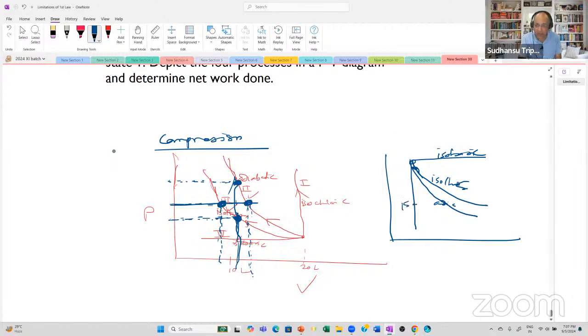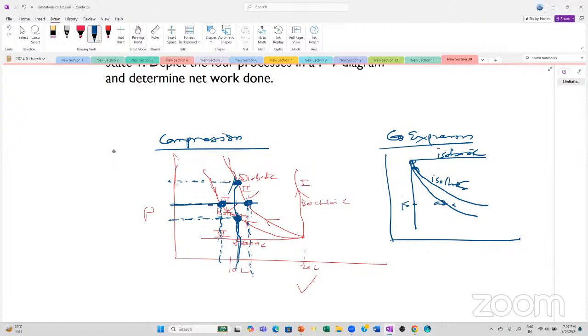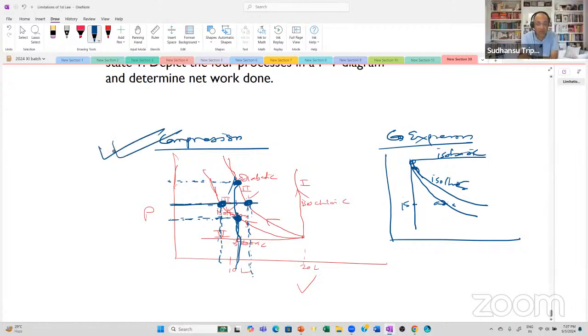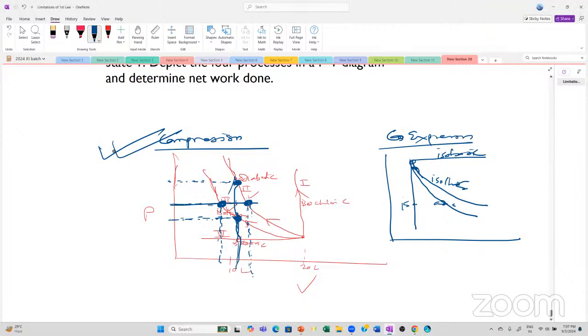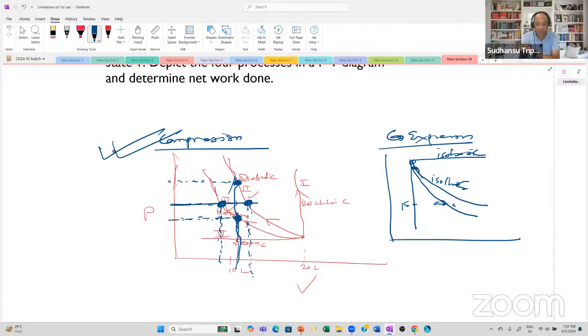isochoric. But during compression, tell me the order which involves the highest energy, I mean, work done. What is the order? Sir, isobaric is greatest, then isothermal, then adiabatic, then isochoric.